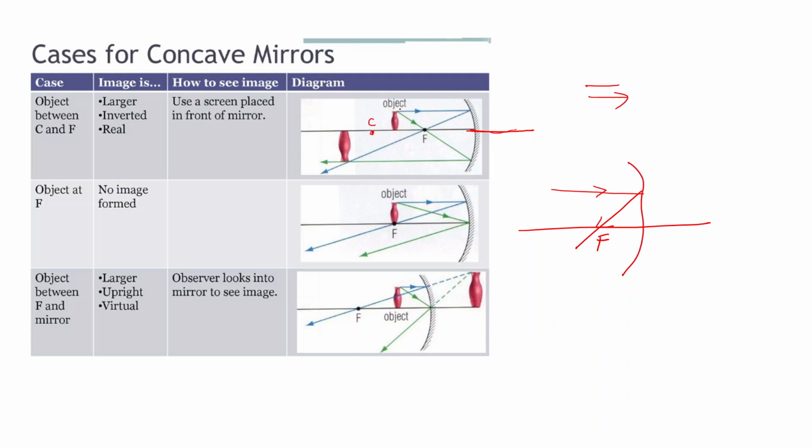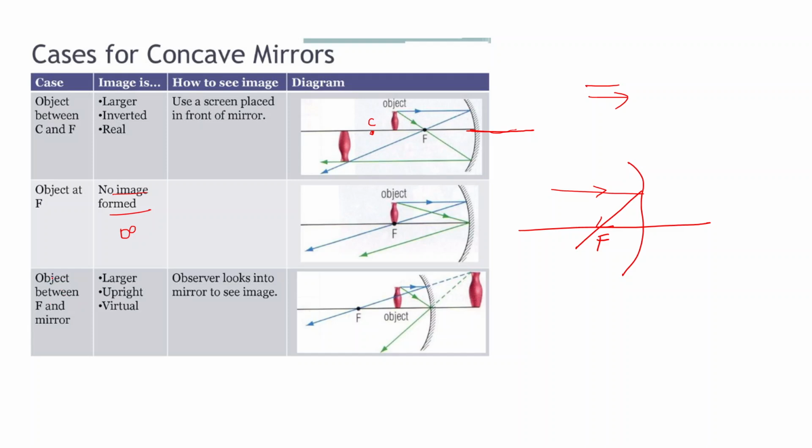One incident ray we consider going parallel from the object and another going through the focus. Here also one light is going parallel after reflecting and passing through the focus, and another part is going like this and coming here. So basically the image we get is at infinity, or you can also say we get no image, because infinity itself is not any particular place. So we can say no image is formed, or the image is formed at infinity, when the object is kept at the focus.